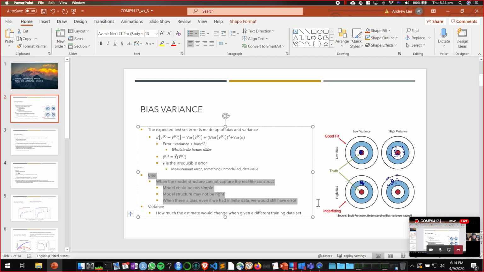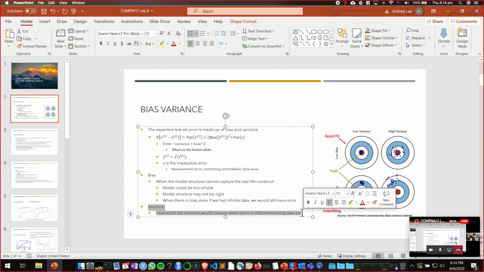Cool. Now the other part of your error is variance. Variance in a nutshell, you can think of it as how stable your estimator is with respect to the data. So variance is how much your estimate changes given you change the training data, right?